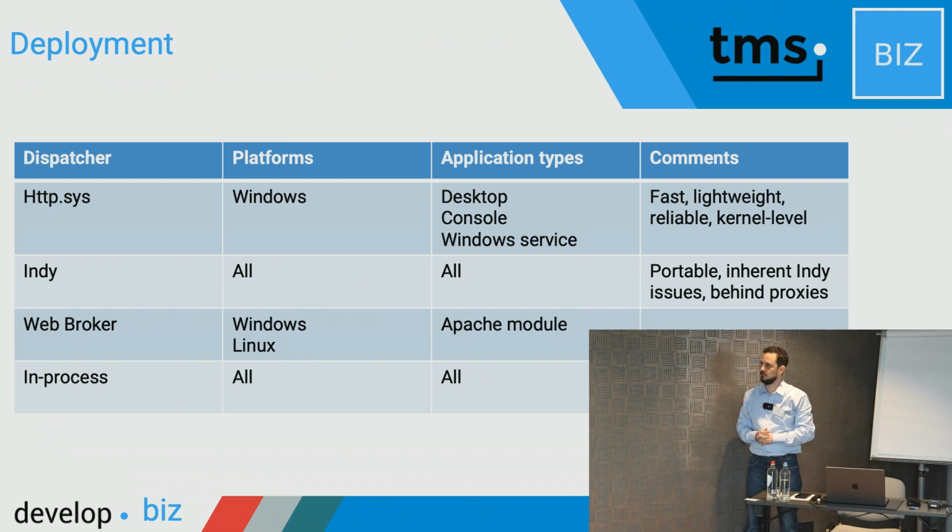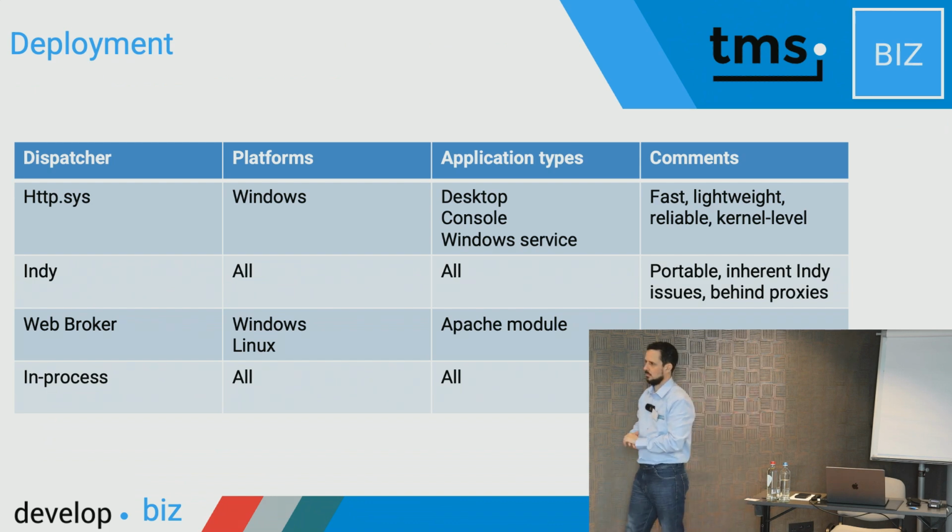Yes? Do platforms mean platforms for server or for client? Because I have an issue with exception handling. If I have a server based on http.sys running on Windows, I can get the exact exception message of what happens. But on Android, I got something strange.